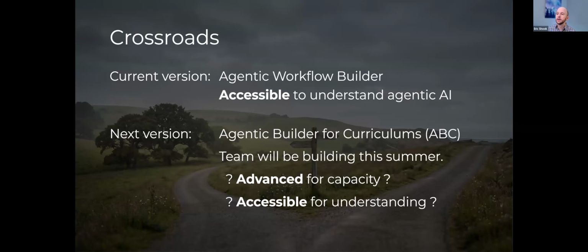The question is, should our next version, which we're building over the summer, be more advanced, so that it's more capable but harder to understand? Or do we keep it accessible for understanding? I leave that as a potential question for feedback. If anybody has any thoughts, feel free to jump in at the end or send me an email, because we need to make that decision very soon.